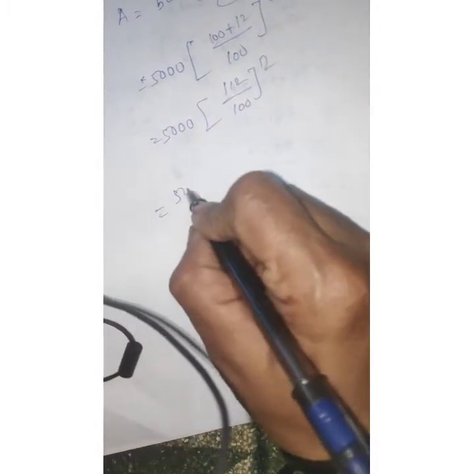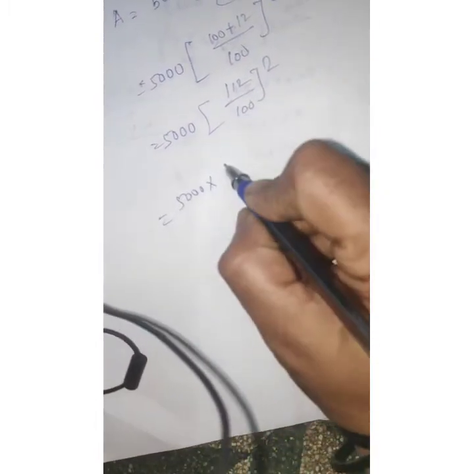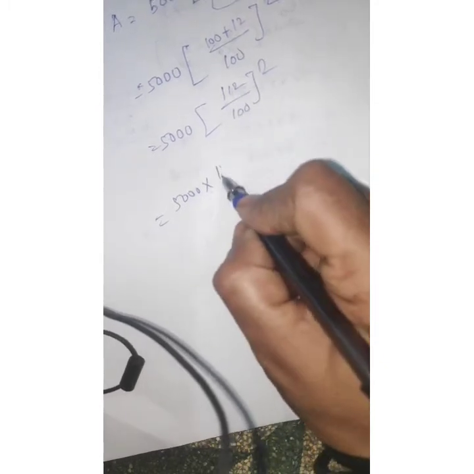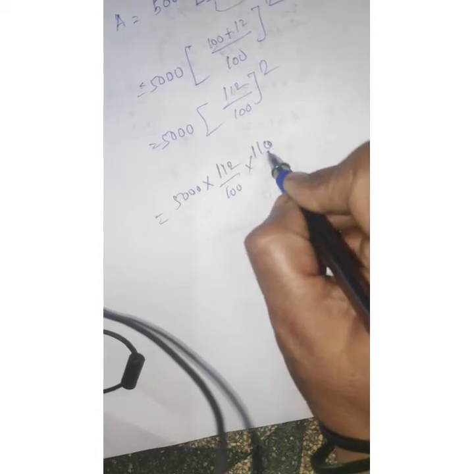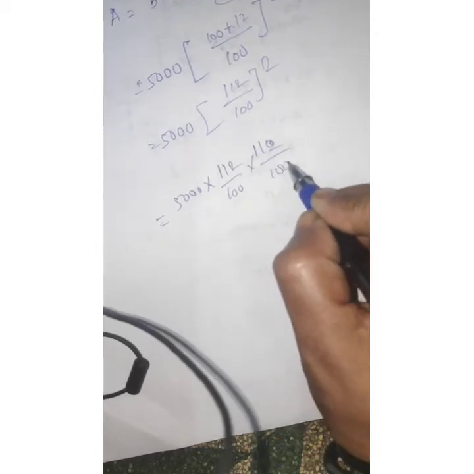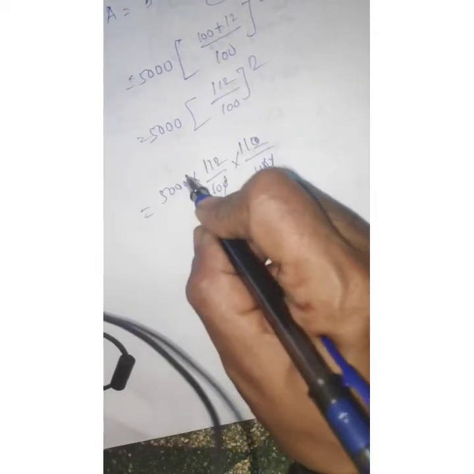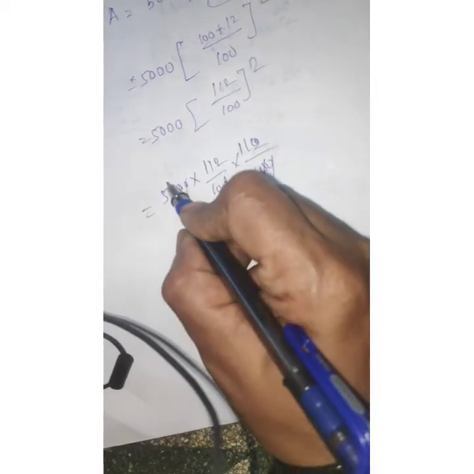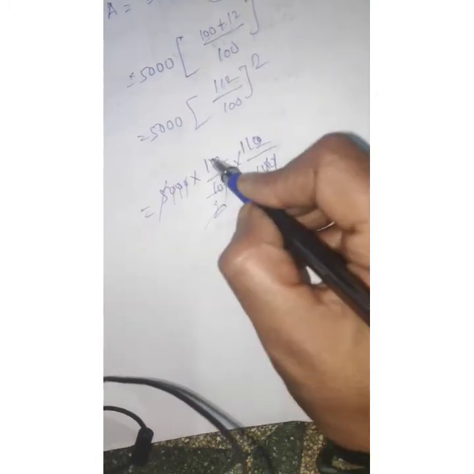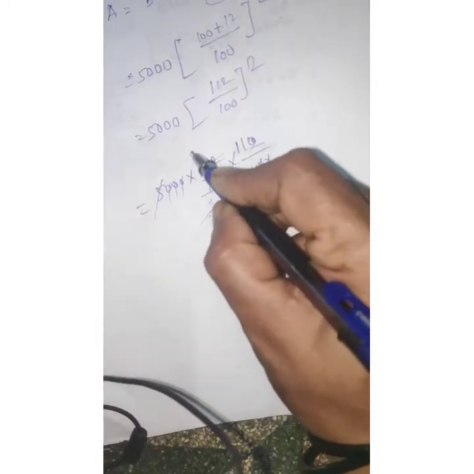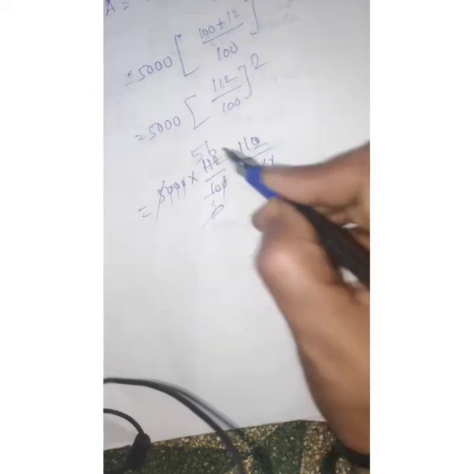5,000 into 112 by 100, write 2 times, 112 by 100 into 112 divided by 100. Cut the zeros first. Use the fifth table: 1 5 is 5, 2 5s are 10, 5 2s are 10, remaining 1, 6 2s are 12.